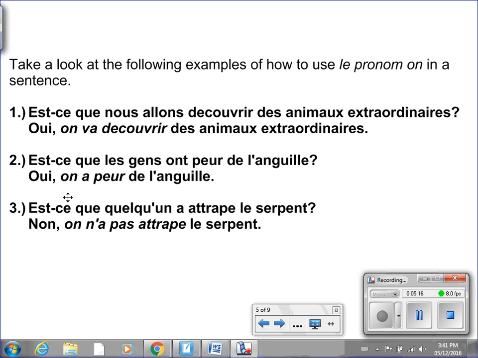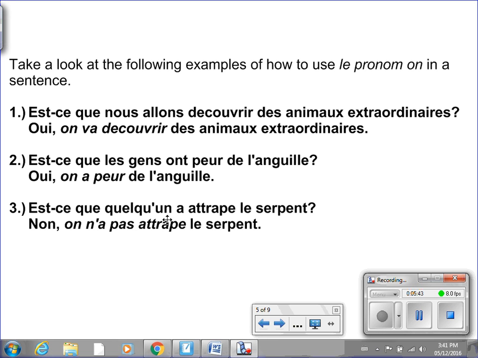Next one. Est-ce que quelqu'un a attrapé le serpent? Did somebody catch the serpent? I'm going to try this in the negative. So I'm going to say non. On n'a pas attrapé le serpent. No, one did not trap the serpent. So quelqu'un, somebody, is going to be replaced with on.